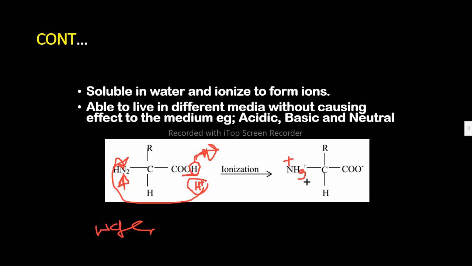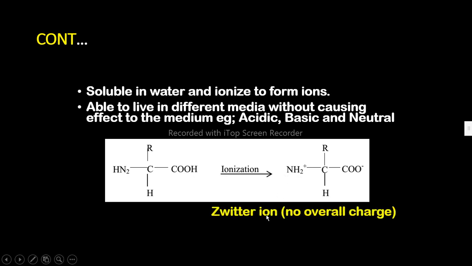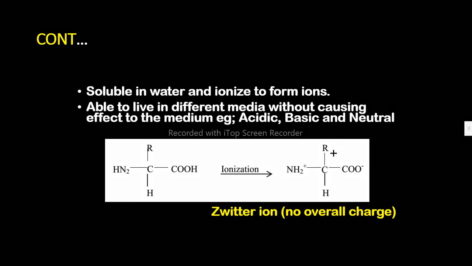Is that okay? Yes. And so when that happens, you reach a point where you've attained equilibrium between these two. That is if you are in a neutral solution, because in a neutral solution you can easily attain the equilibrium.